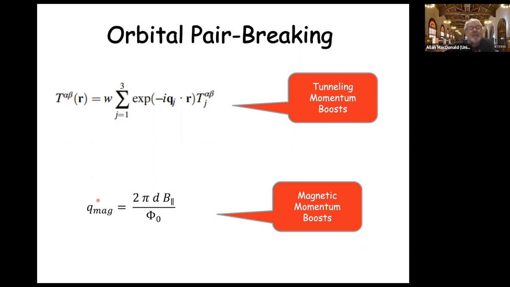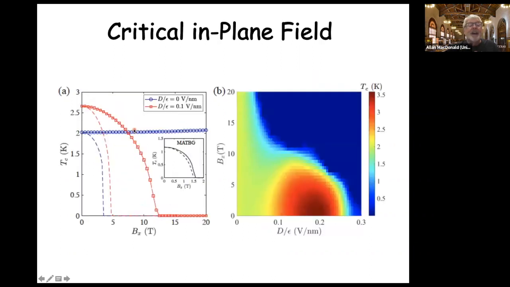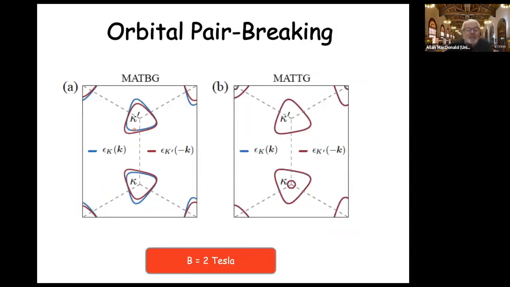And so you get a momentum boost that is proportional to the layer separation, proportional to the in-plane field, related to the magnetic flux quantum. And the important point is that this momentum boost, which just adds to these momentum boosts up here, is layer independent, is valley independent. And so it's not opposite sign in the 2 valleys. And that means that the bands are no longer time reversal invariant. And so let's look at what that does to the band.